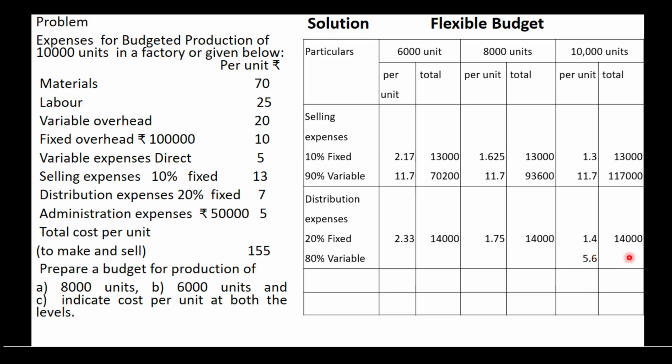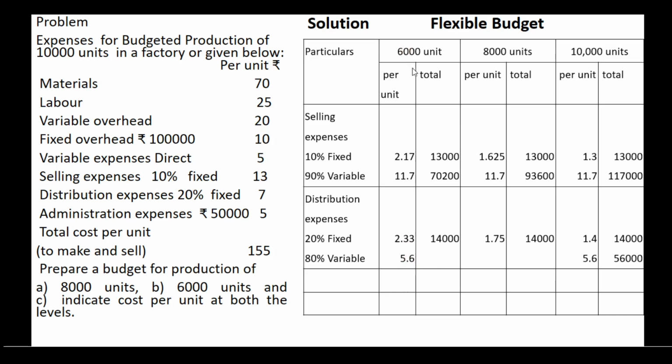So now we calculate the total amount as 5.6 into 10,000 units. The total amount is 56,000. So under the 6,000 unit, the cost per unit is constant. In variable, the cost per unit stays the same and the amount keeps changing. So in the 6,000 unit, the cost per unit is 5.6 and it is multiplied with the 6,000 units.